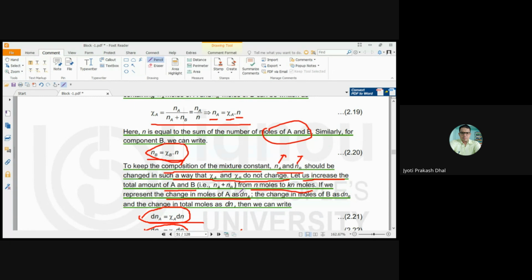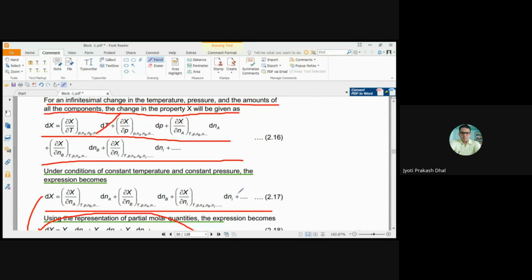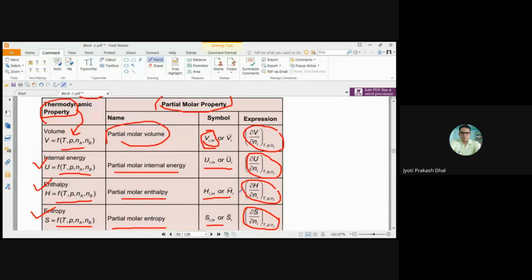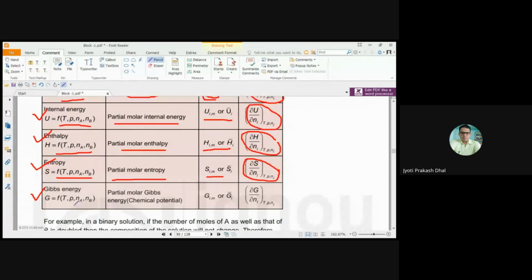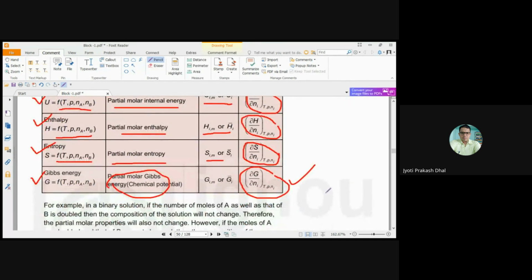In the previous section, in place of X we took partial molar volume, and here in place of X we are taking partial molar free energy. So this is the partial molar free energy, nothing but the chemical potential. This term represents the chemical potential, called mu i. So this is the chemical potential of the ith component of a solution.